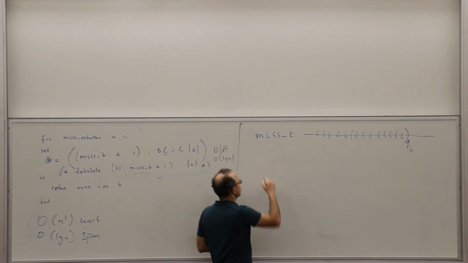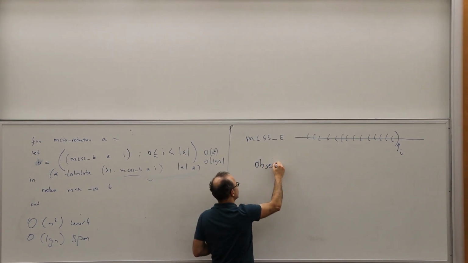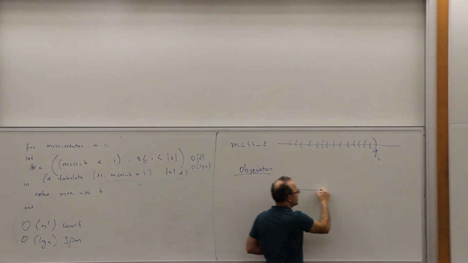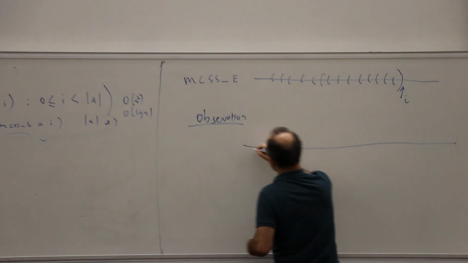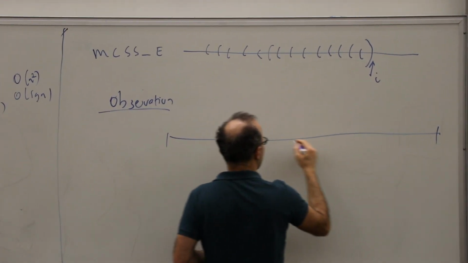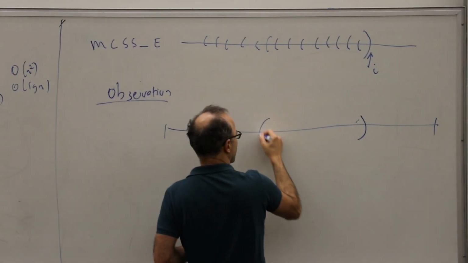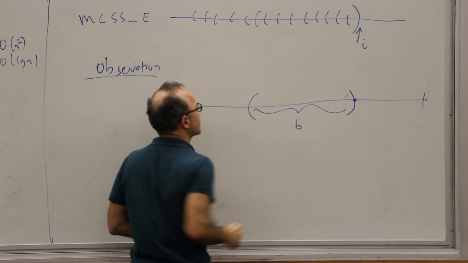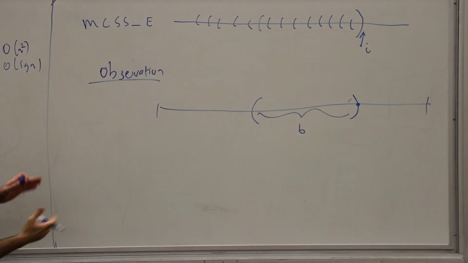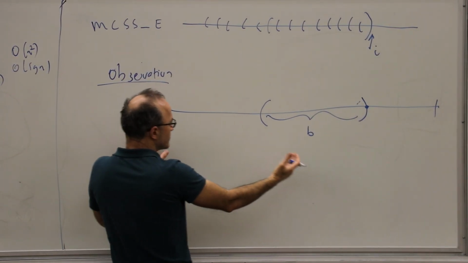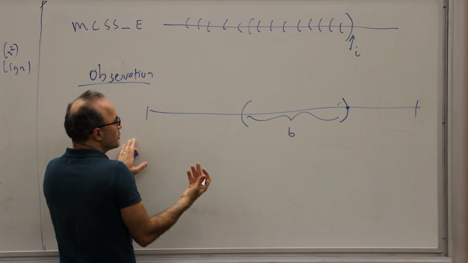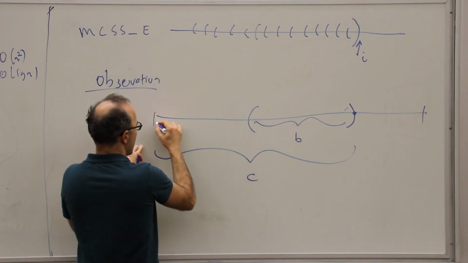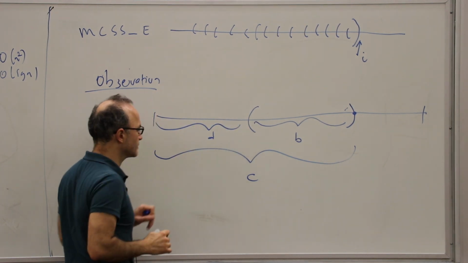So, observation, right? Your friend made a very good observation. He says, okay, look at any sequence. Consider a sequence and consider a subsequence. Let's call this subsequence B. Now the sum of that subsequence can be computed in terms of this subsequence C and this subsequence D, right?